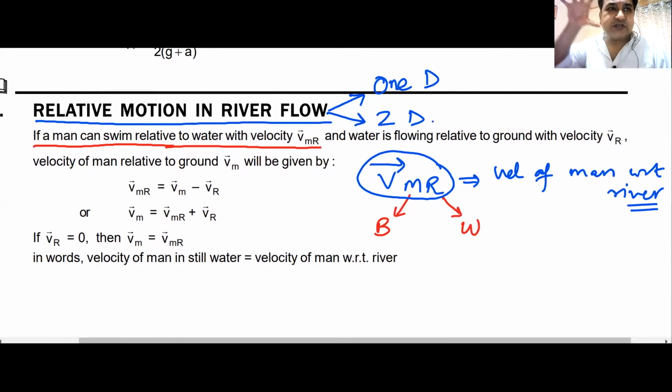Make it bigger, pinch and zoom. So how is this VMR going to be given to you? It may be given straight away: velocity of boat with respect to river is this much. Or the boat can move in the river with this speed. Or the man can swim in still water, relative to still water, with this speed. Everything means it is the velocity of man with respect to river.